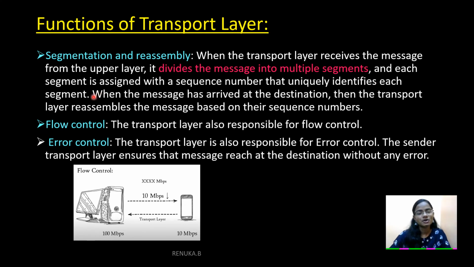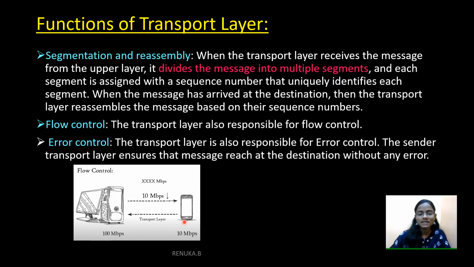Another major function of the transport layer is flow control. Consider a system that is capable of sending data at a 100 Mbps rate, but the phone can receive or send only at a 10 Mbps rate. If the system is sending more than 10 Mbps, the phone cannot receive that data.